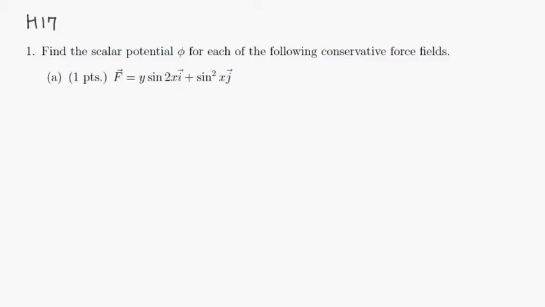Alright, let's look at homework 17, problem number 1, part A. We're looking for the scalar potential phi such that the gradient of phi is equal to the negative of the conservative field F. The gradient of phi is the partial derivative of phi with respect to x, comma, partial derivative of phi with respect to y.